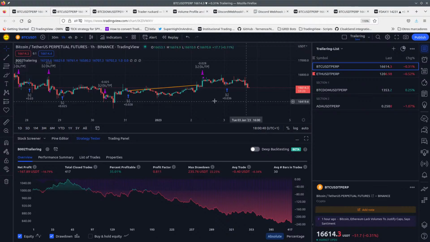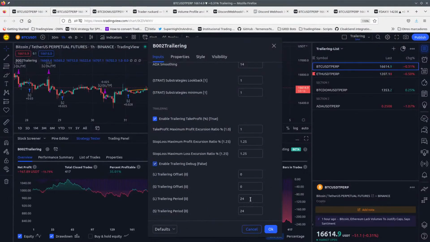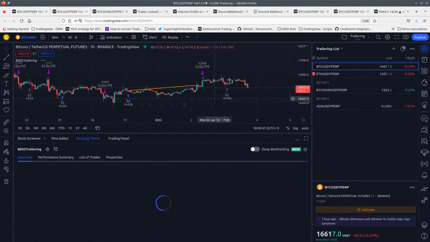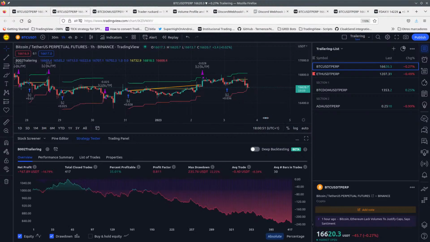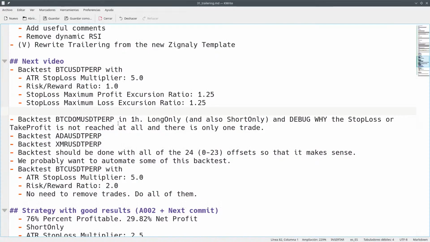Okay, so now you can see how, if we turn on this, you can see where the stop loss is around here. Okay, so let's bring this down so that we can do this properly.